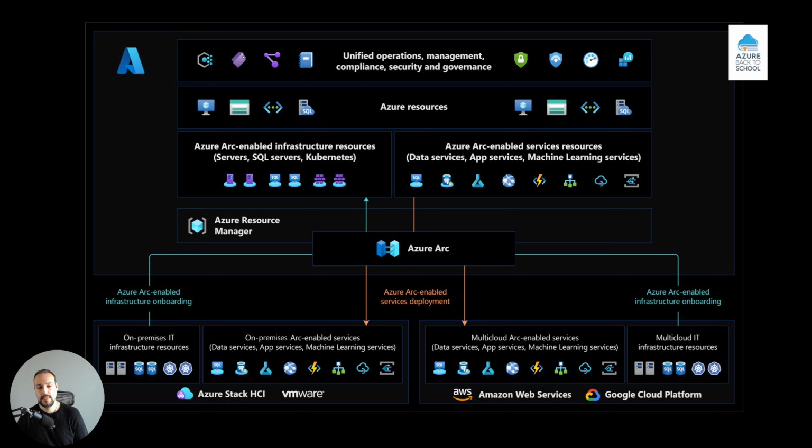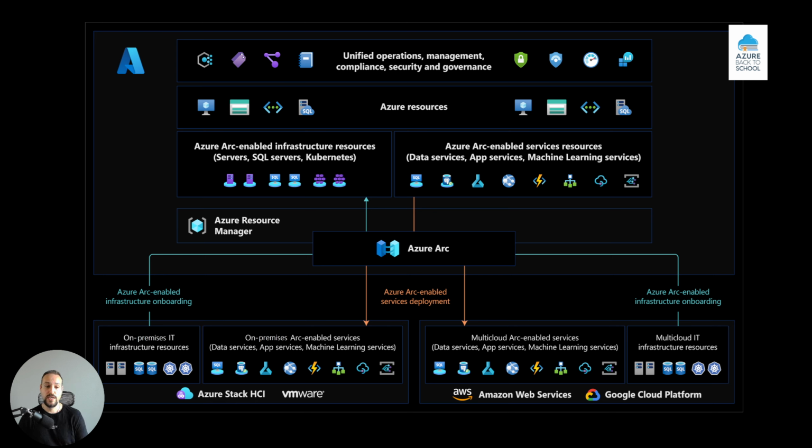Applying consistent policies and configuration to your resources using Azure Policy and Azure Resource Manager templates is another feature that you can use in Azure Arc. Monitoring and securing your resources using Azure Monitor, Azure Security Center, and Microsoft Defender for Cloud is the security part.